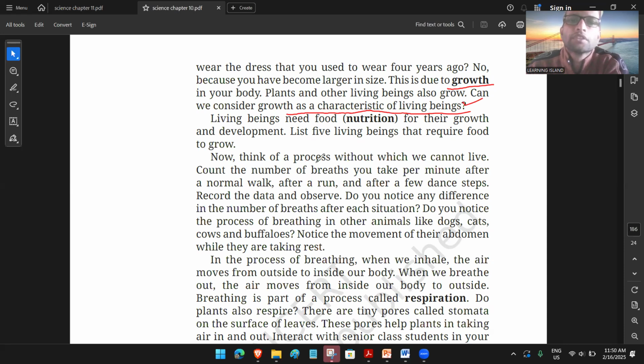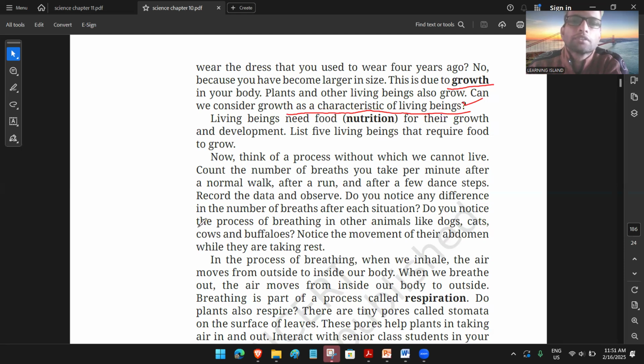Now think of a process without which we cannot live. Count the number of breaths you take per minute after a normal walk, after a run, and after a few dance steps. Record the data and observe. Do you notice any difference in the number of breaths each minute? Yes.